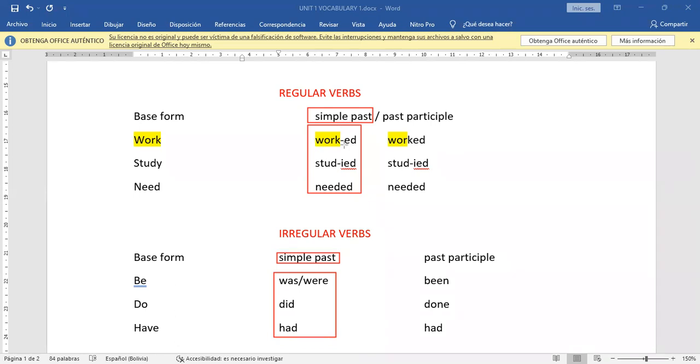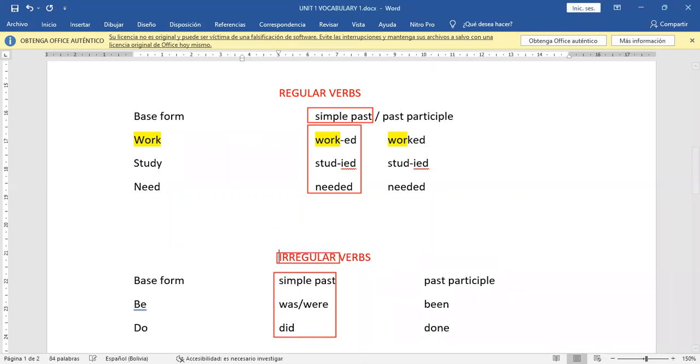Simple past: worked, studied, needed. Simple past irregular: was, were, did, had. For the simple past, let's write sentences.